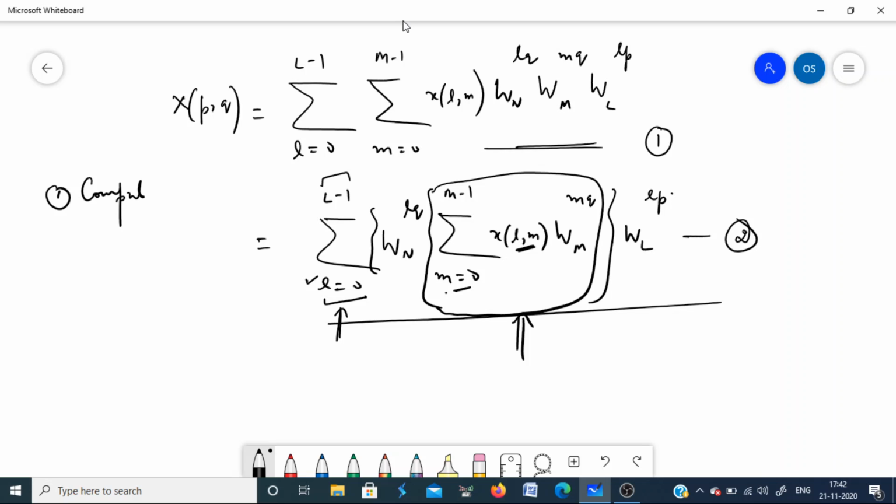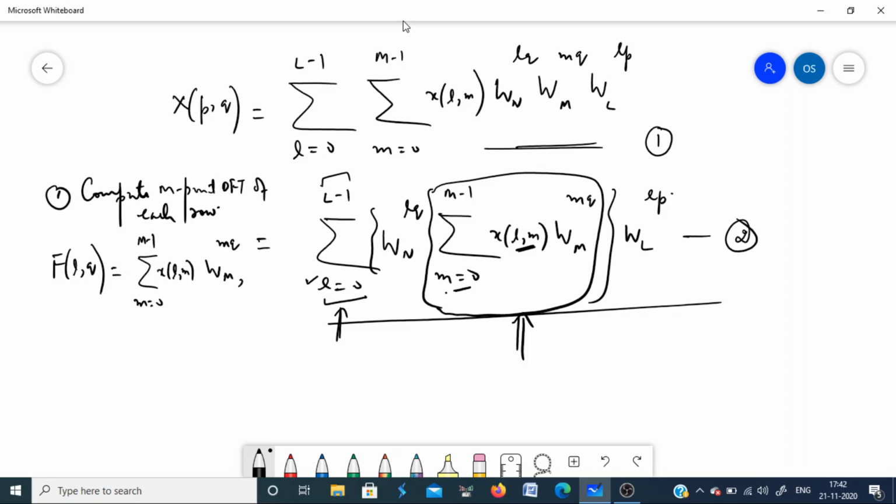You have to compute the N-point DFT of each row. Okay. And suppose I write F(l,q), which is equal to the sum over m from 0 to M minus 1 of x(l,m) W_M to the power mq.